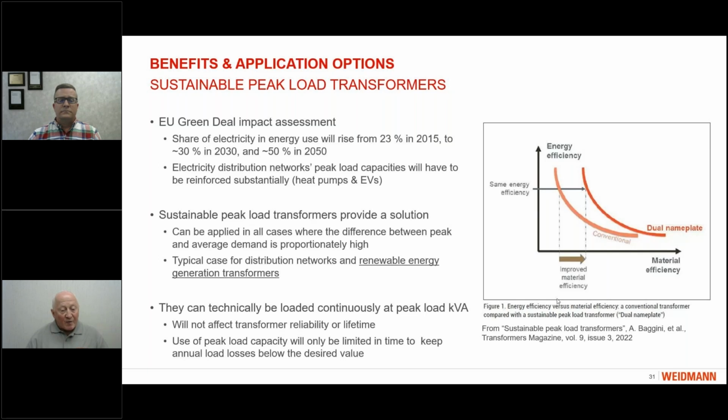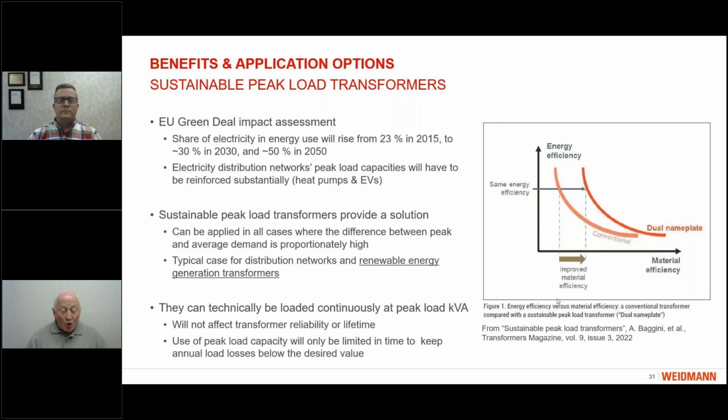For example, on the graph on this slide, which came from the discussion on the sustainable peak load transformer, we can see that at the same energy efficiency, the dual nameplate transformer can provide significantly improved material efficiency, meaning significant savings in material.